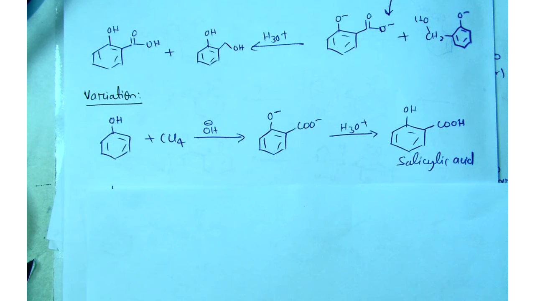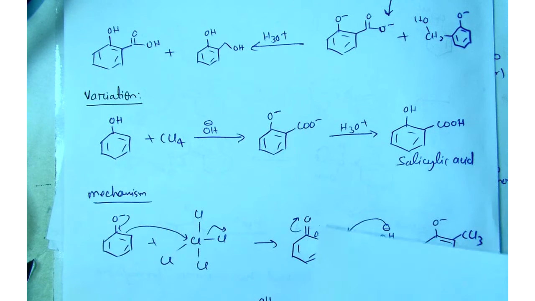So with CHCl3 we get CHO, and with CCl4 you get COOH. Here carbene is not formed, this is different.